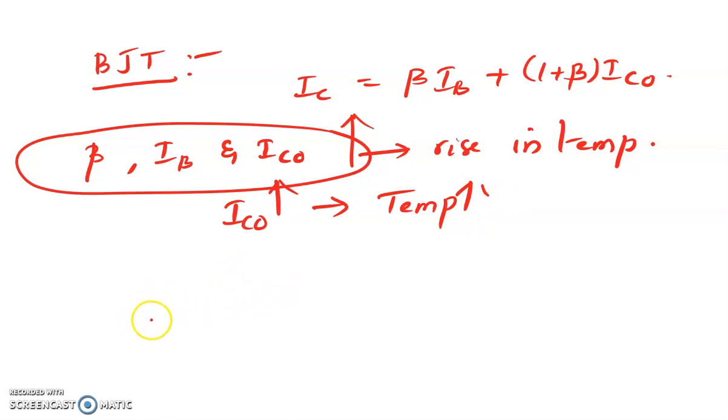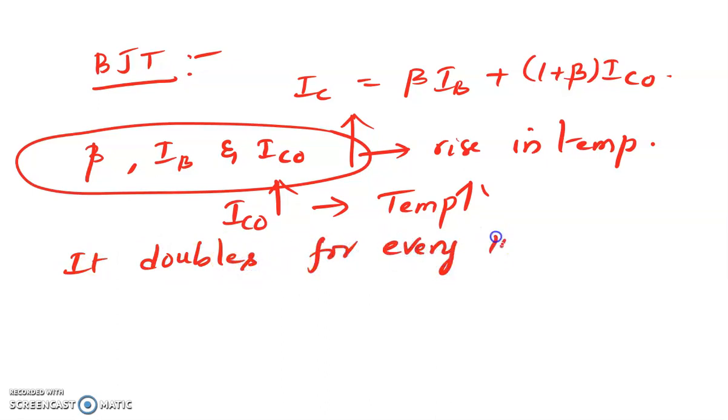Specifically, ICO doubles for every 10 degrees Celsius rise in temperature. Suppose the temperature rises by 10 degrees, then ICO will be doubled.